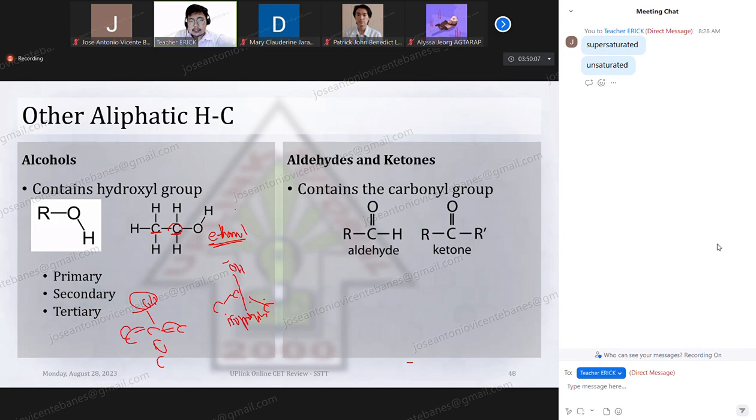But for ethanol, the OH is situated usually at the end, or only one carbon is attached to the OH group, and therefore this is known as primary. For this 1, 2, 3, 4 structure, the name is 2-methyl-2-propanol.